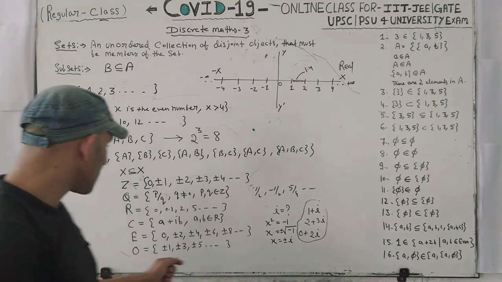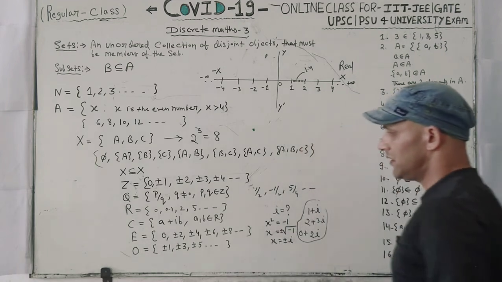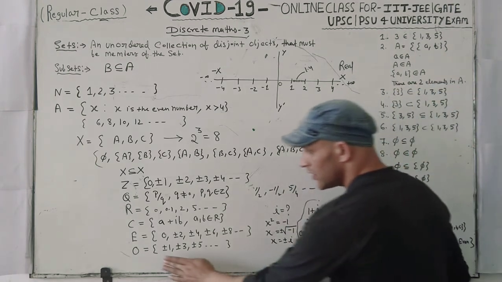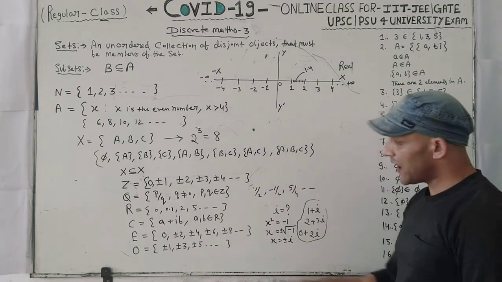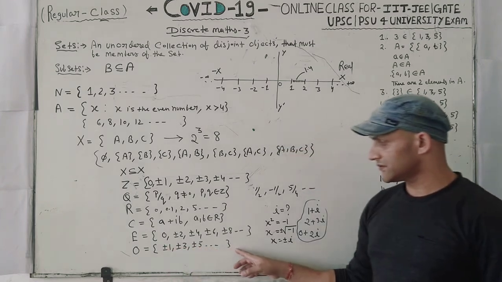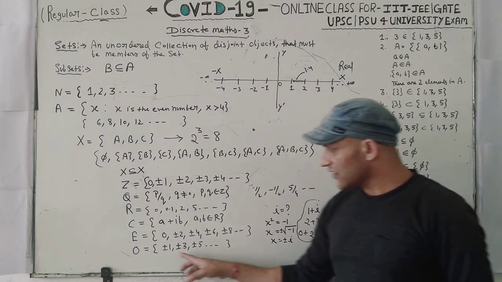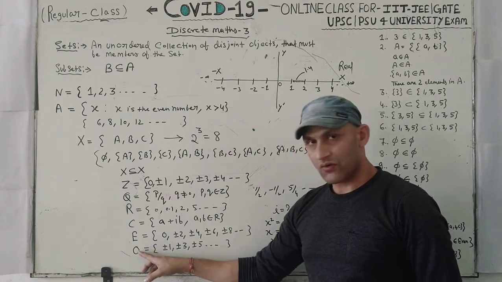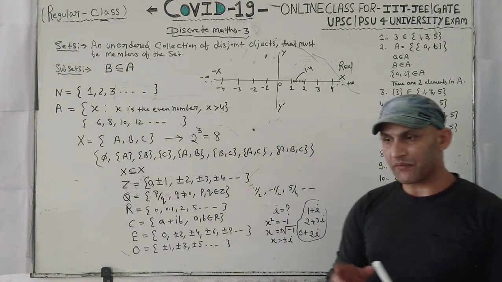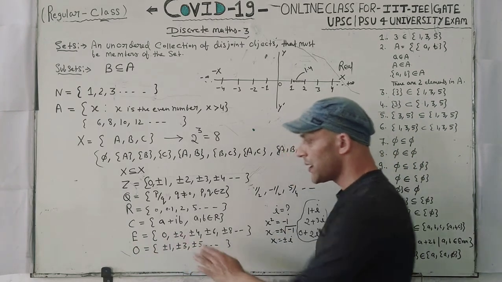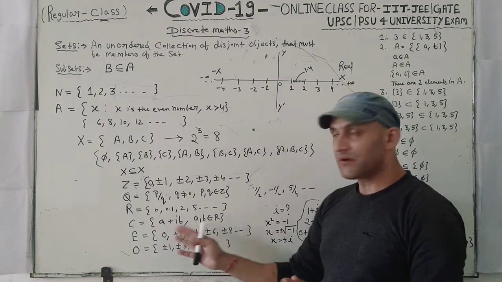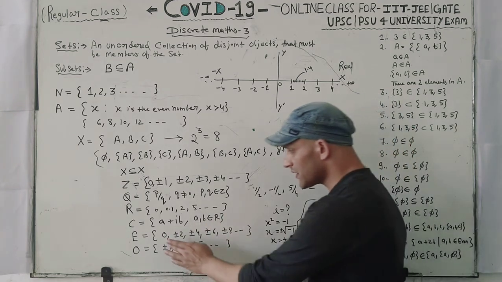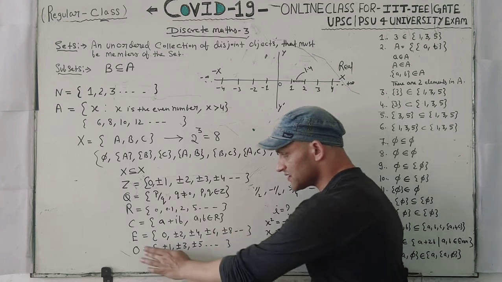Here we have taken minus and plus. Many teachers and many books have not mentioned that minus 2 is also an even number. You must note that these are the even numbers and these are the odd numbers.